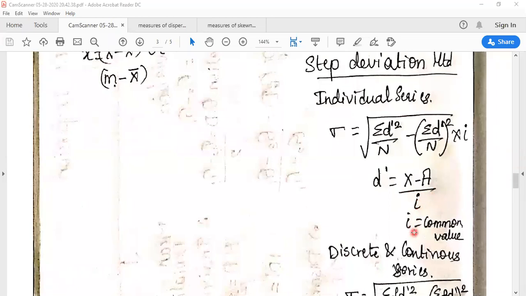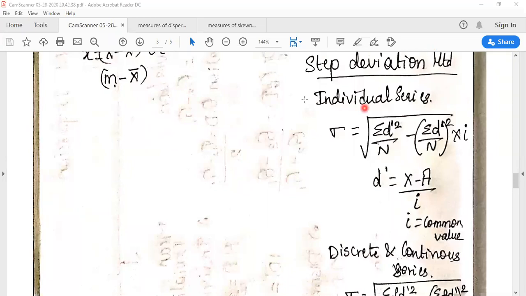The i is the common value, and this step deviation method of standard deviation can only be found if the data is equally distributed. Equally distributed means it should have the same gap between the numbers.